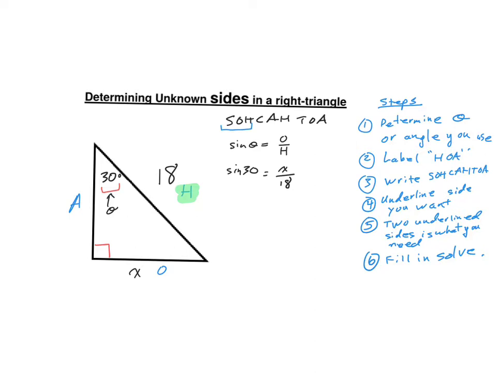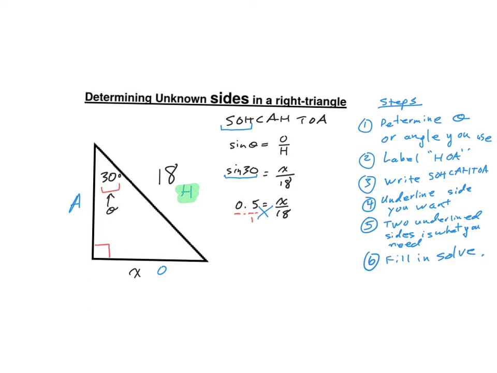Now we're going to punch in. We need to calculate this right away. So calculate that ratio and you get the following: sine of 30 is 0.5, which equals x over 18. Now we multiply both sides by 18. Whatever you need to do, you do what you need to do. Some of you like to do cross multiplication, so let's do that right now.